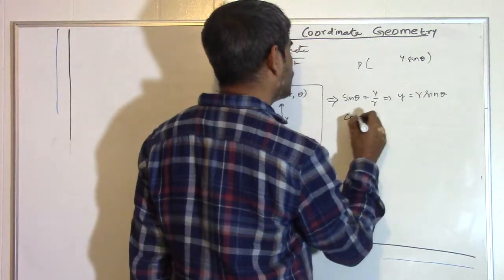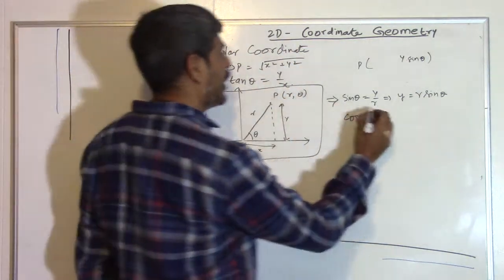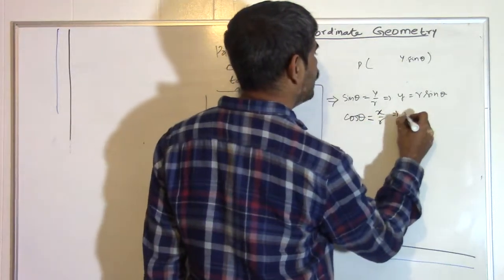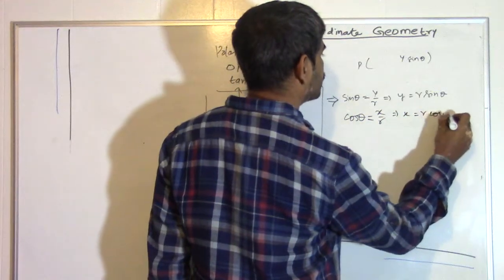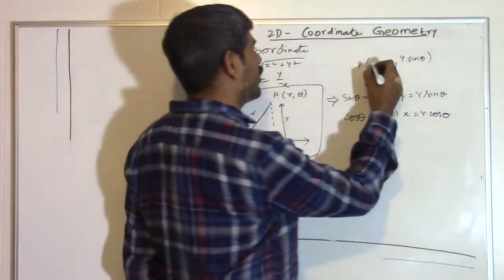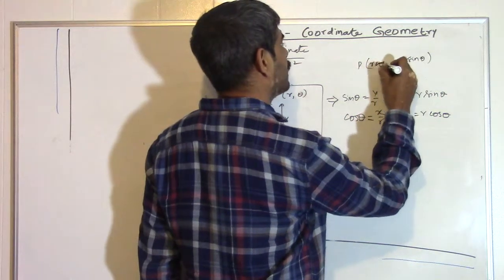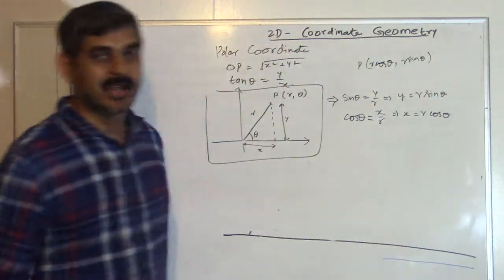And if I apply cos theta formula, cos theta will be equal to x divided by r, or x equal to r cos theta. That means this point P will have x coordinate as r cos theta. This is r cos theta and r sin theta.